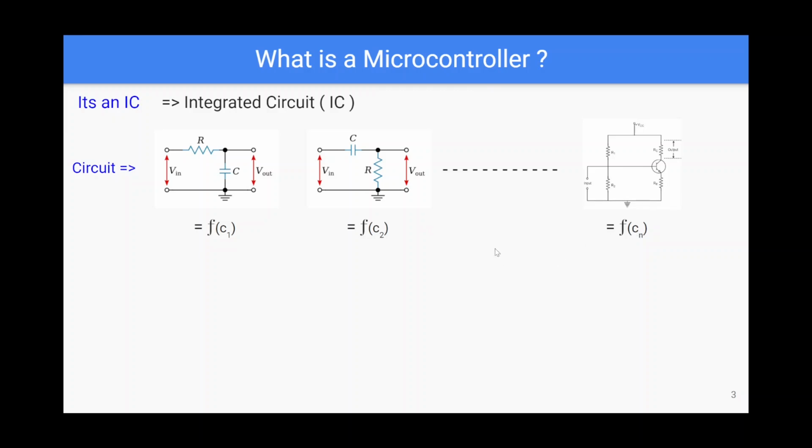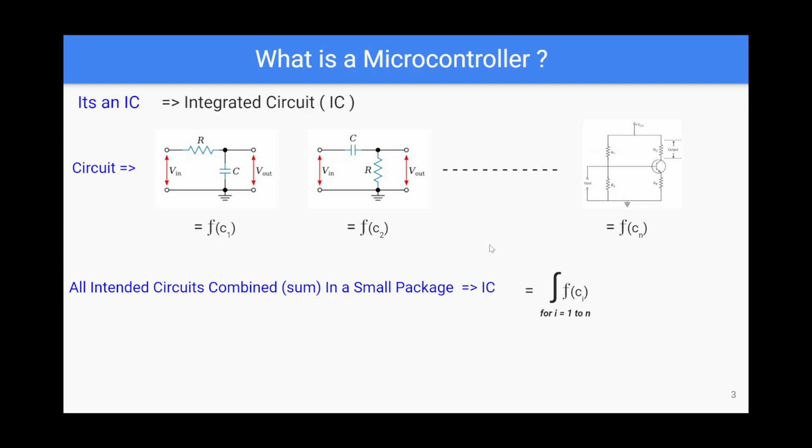Our purpose is how we can integrate, how we can combine all these circuits together. In mathematical form, this is the integral symbol, which in mathematics is used for integrating. Our purpose is that we want to combine and sum all of these circuits together in a small package. We call it an IC, which is an integrated circuit.